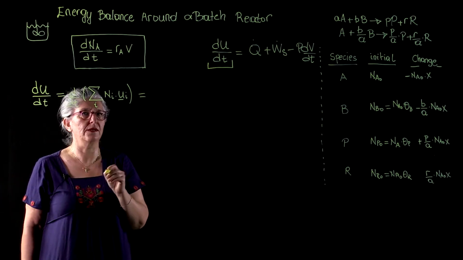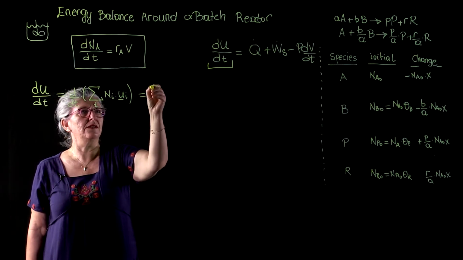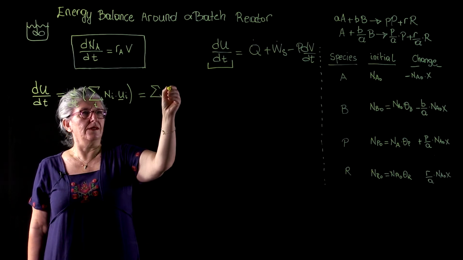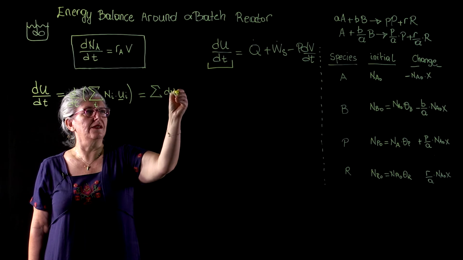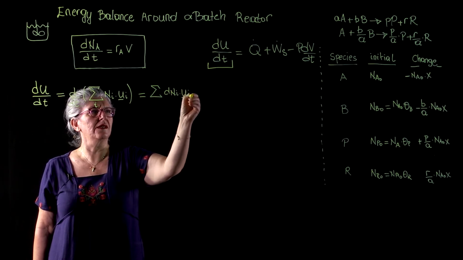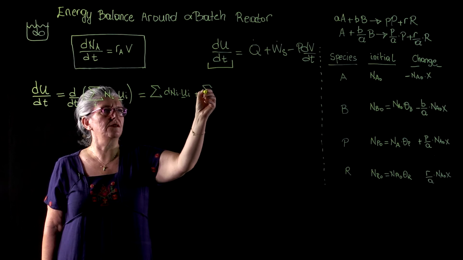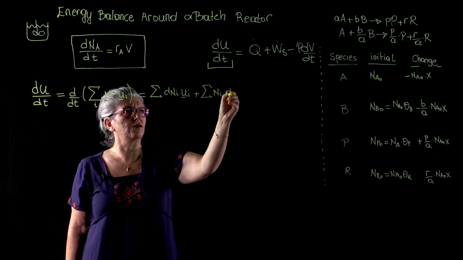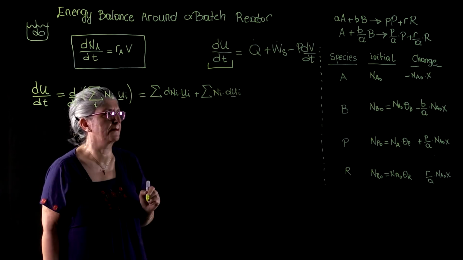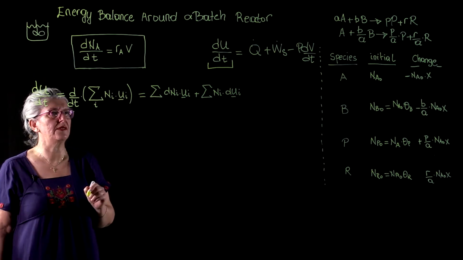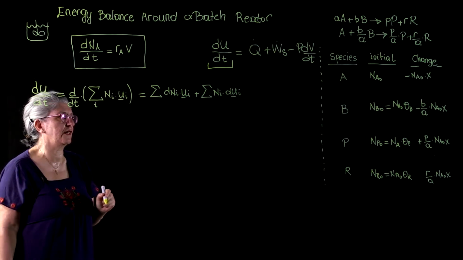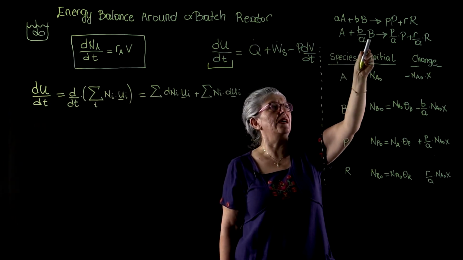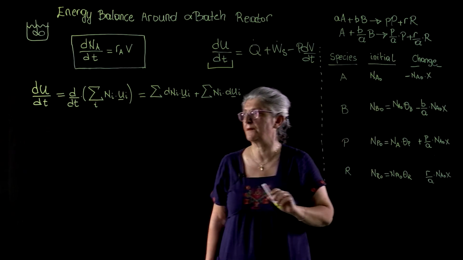This is going to be the summation of d(N_i) times u_i, plus the summation of N_i times du_i. Here u_i is the internal energy of species i, and N_i is the number of moles of species i. As far as our reaction is concerned, species i are A, B, P, and R.